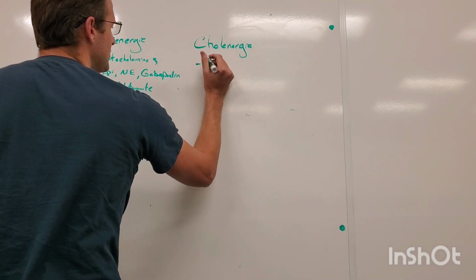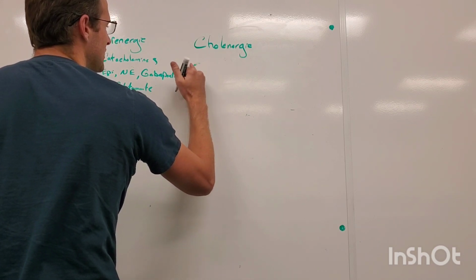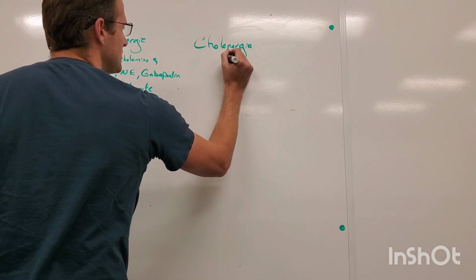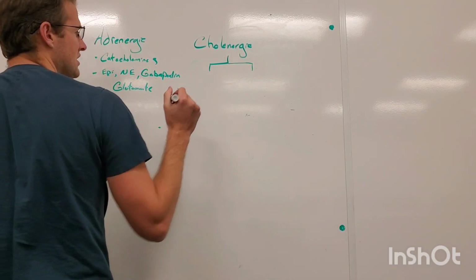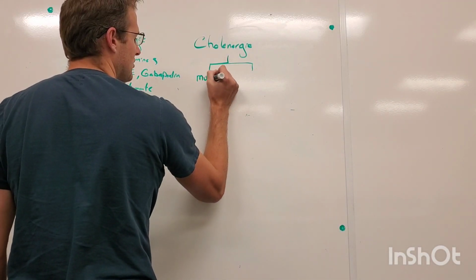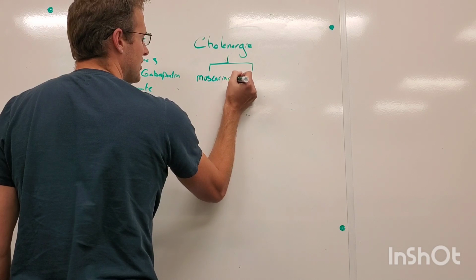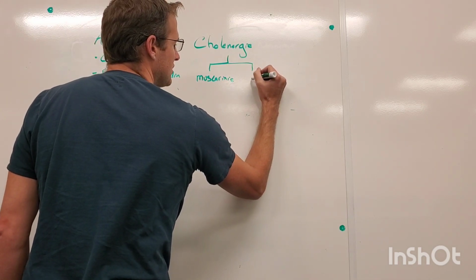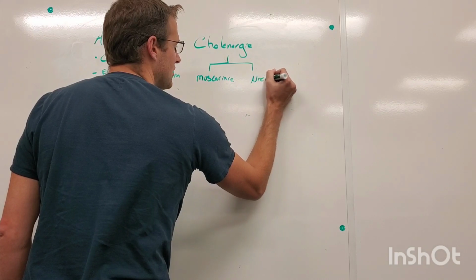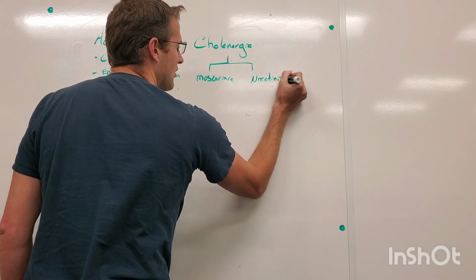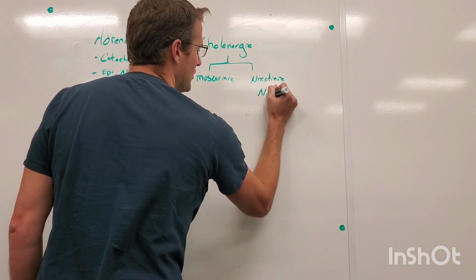Cholinergic receptors, we can say that there are two divisions of these. We'll say muscarinic and nicotinic. Nicotinic, there's an N1 and an N2.